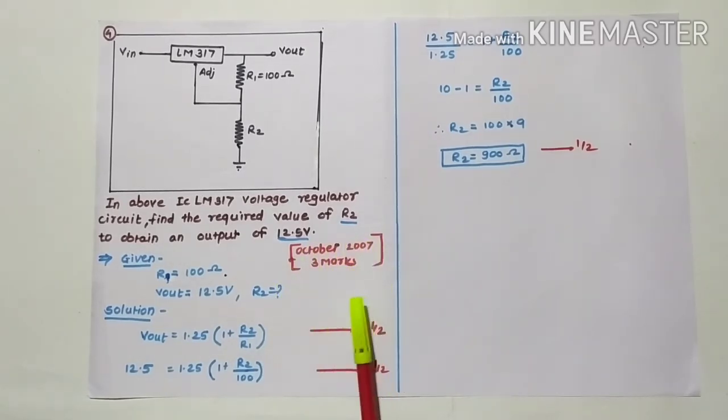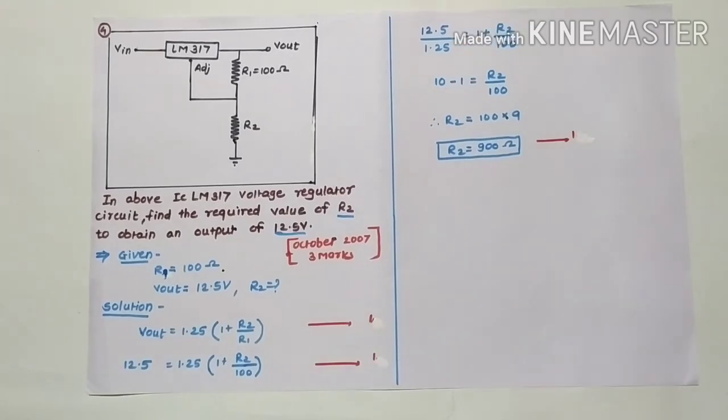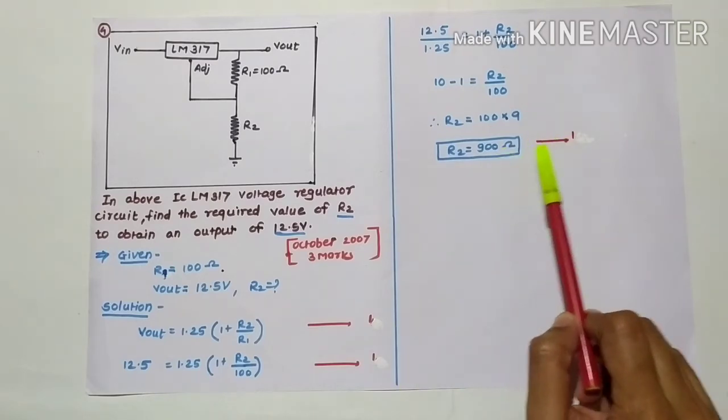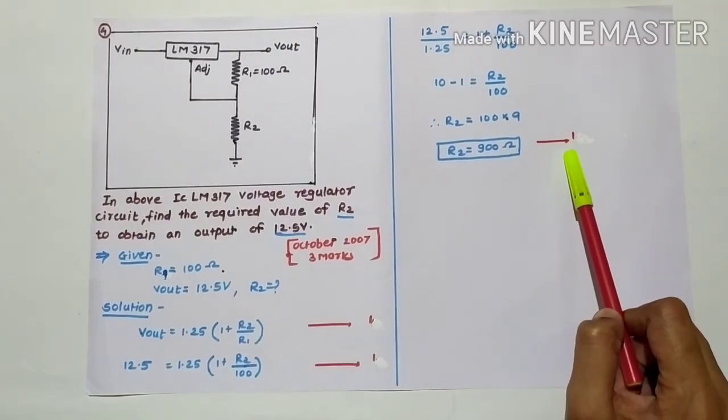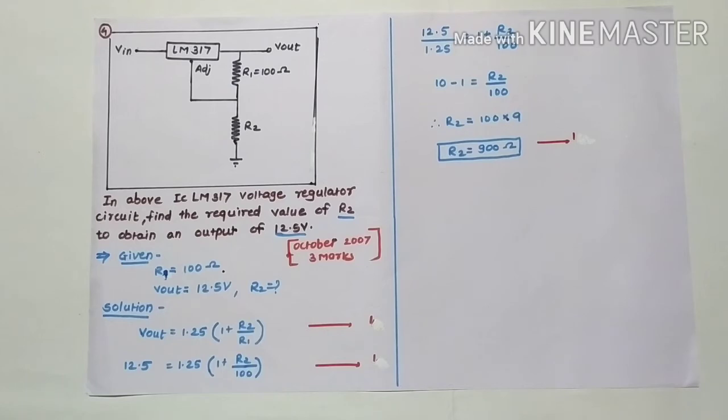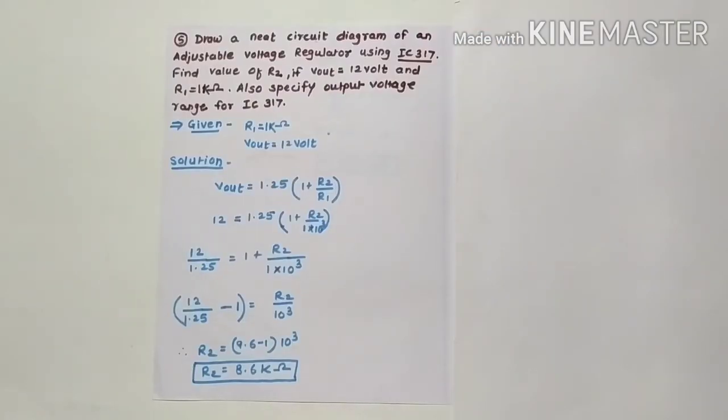The mark distribution will be half mark for the correct formula, 1 mark for putting proper values for each term, and 1 mark for the correct answer with proper unit. Okay, students? So in this way you can solve this problem and you will get full marks. This is quite a different problem than the previous problem.